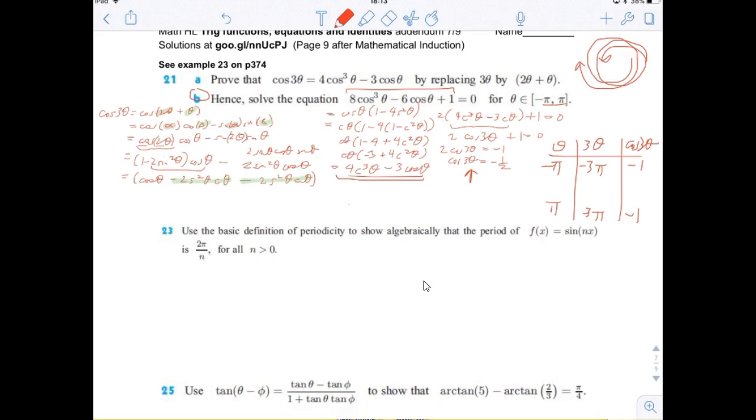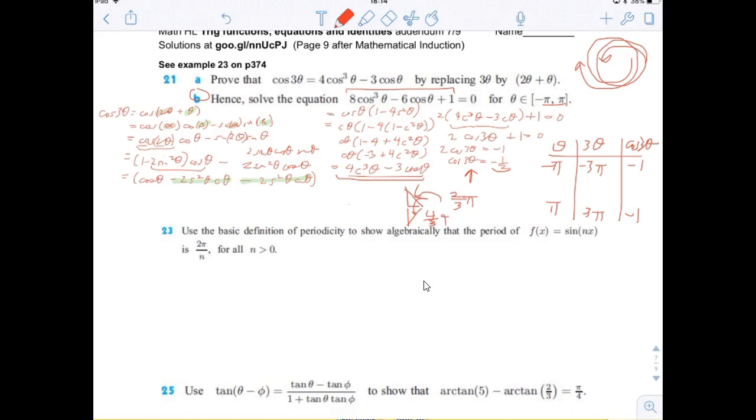Now let's take a look at what values of 3 theta lead to a cosine of negative 1/2. That would be pretty much any triangle that looks kind of like that. So one of the angles, the most basic angle, would be 2/3 pi, and then this other angle looks like it would be 4/3 pi.